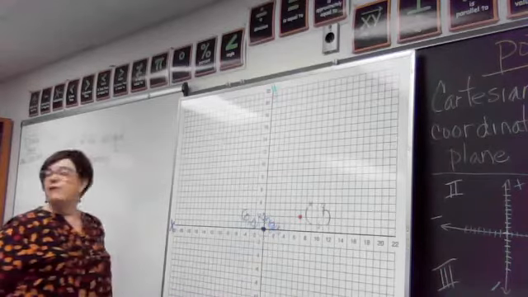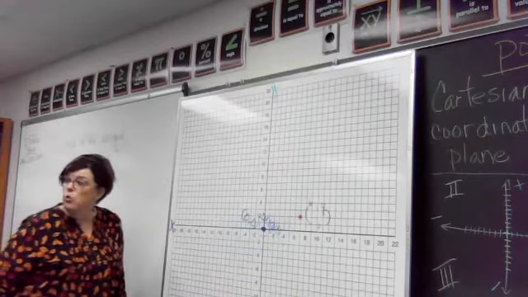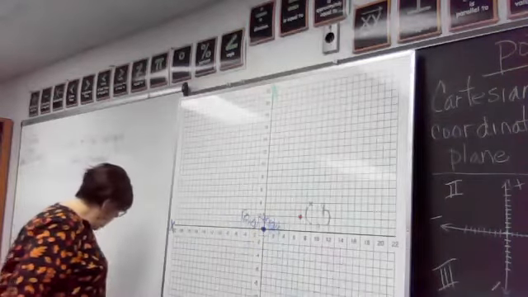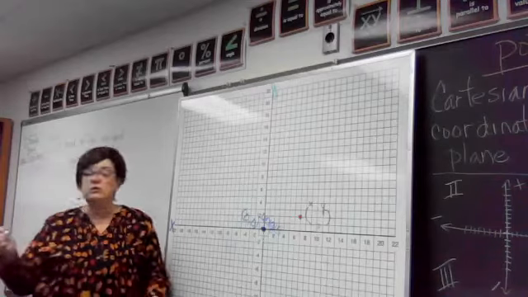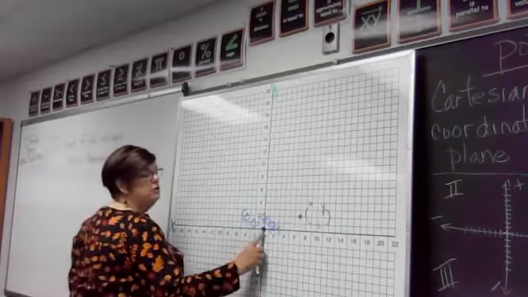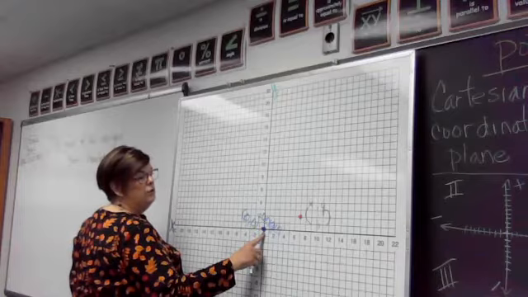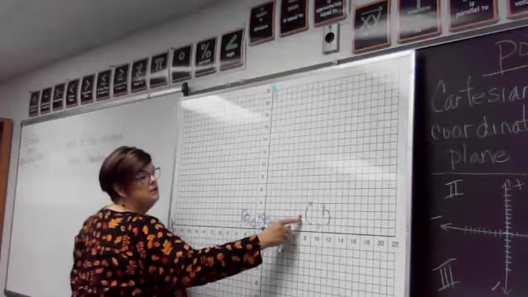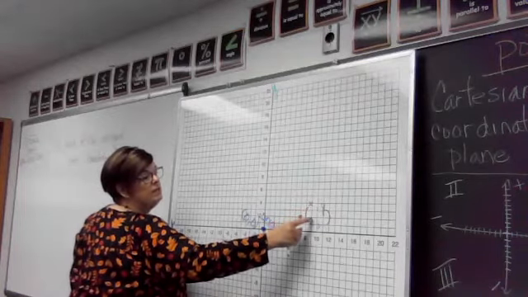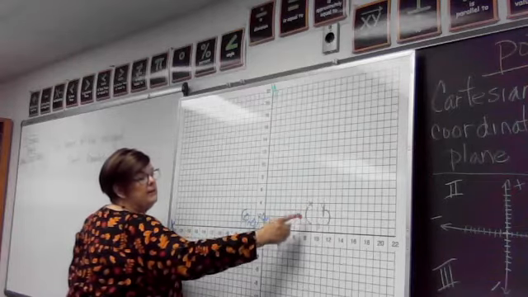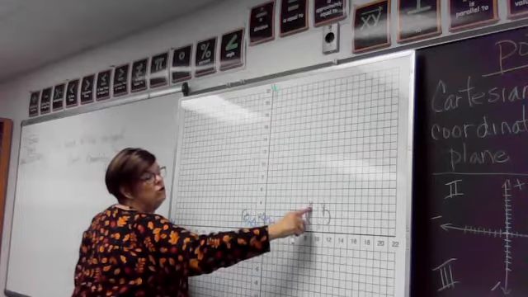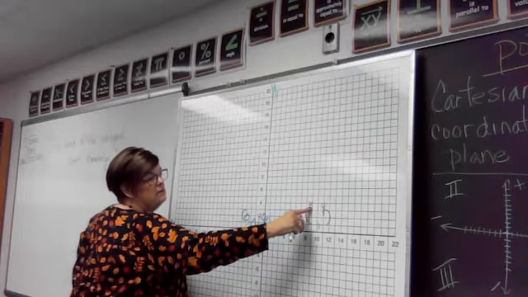So we're going to find the address of this point right here in space. If you're trying to find the address, you always start at the origin. We don't count the origin, but that's where we start. So right here is where I'm going to start. The address always has two numbers. The first number is how far I go from the origin on the x-axis.